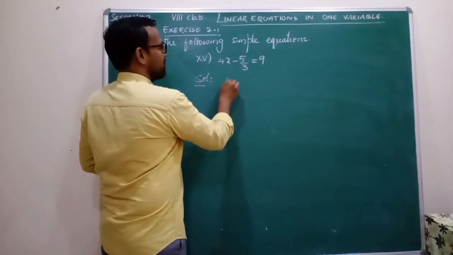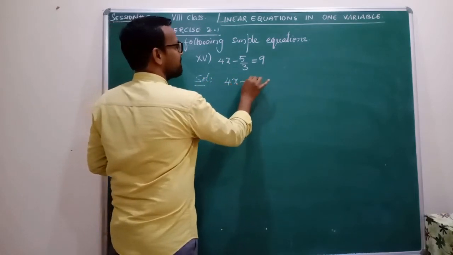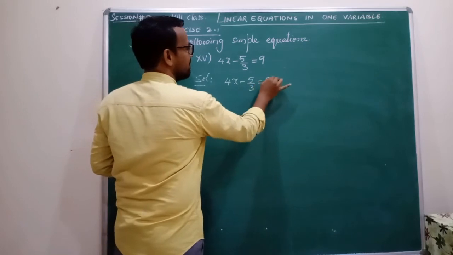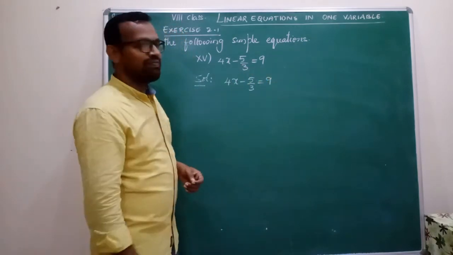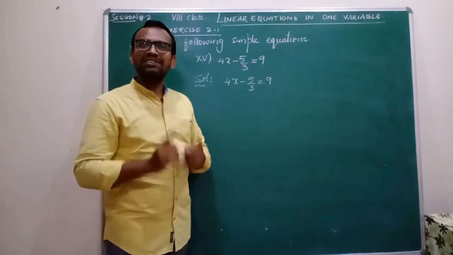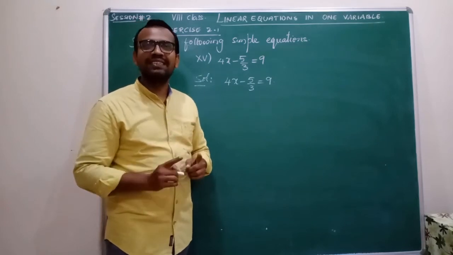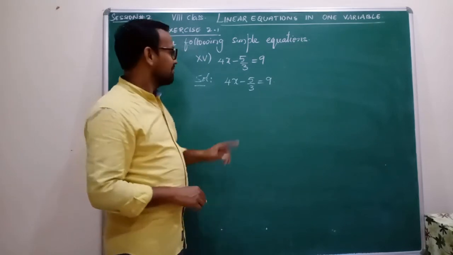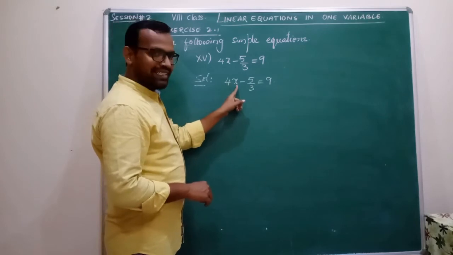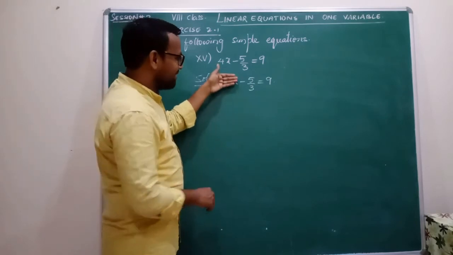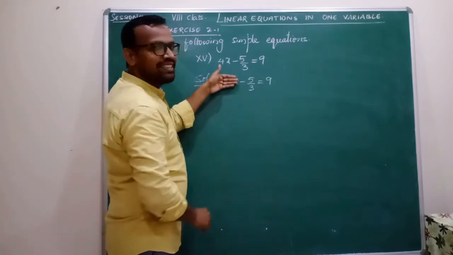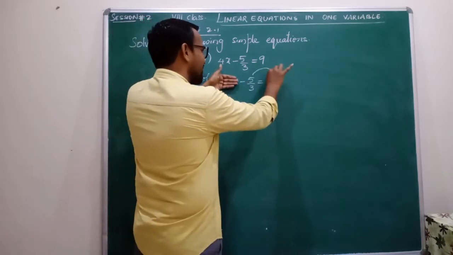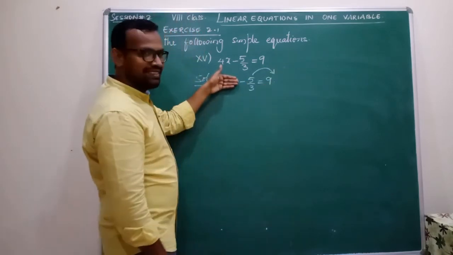4x - 5/3 = 9 is the given equation. We know that we need to transpose the term which does not have the variable. In 4x the variable is there. Other than this, -5/3. So let me transpose -5/3 to the other side.